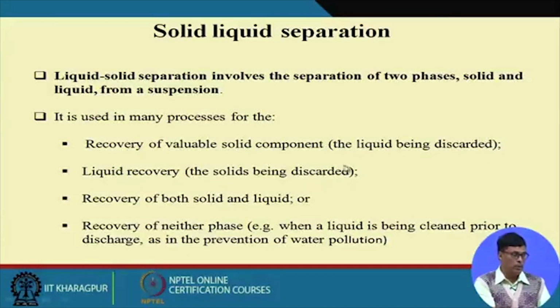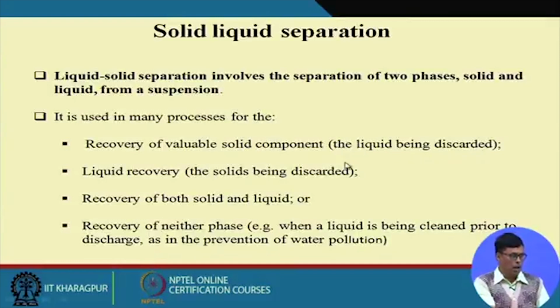Now, in the case of the citric acid industry, you get the citric acid in liquid form. You first precipitate it as calcium citrate. When you precipitate it with the help of lime, the citric acid goes into the form of calcium citrate, a solid mass. Then the valuable solid is recovered and the liquid is to be discarded.